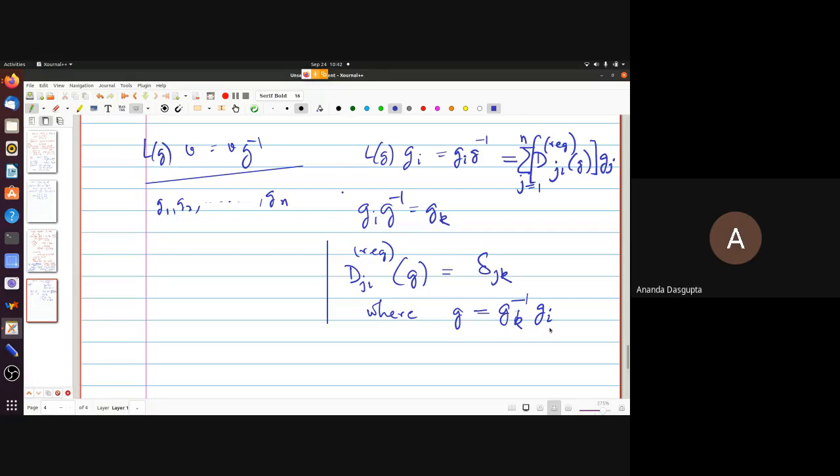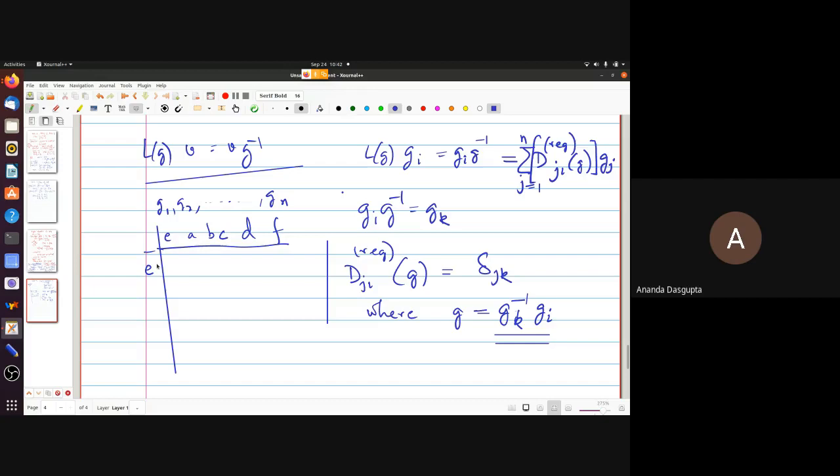There's a reason why I'm writing this form, which makes it very easy to write down the regular representation. Well, all you have to do is write down the multiplication table. Like say, with the group S3, the group of symmetries of an equilateral triangle, all I have to do is write down the multiplication table with a twist.